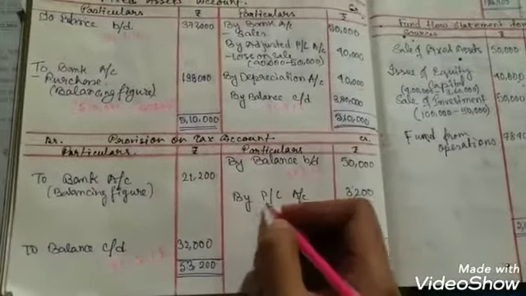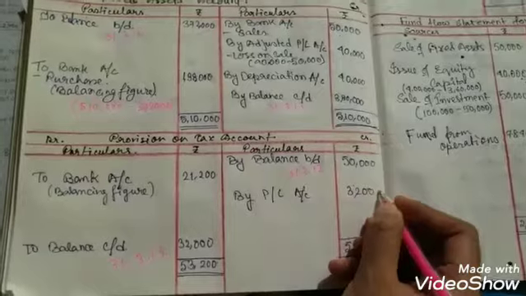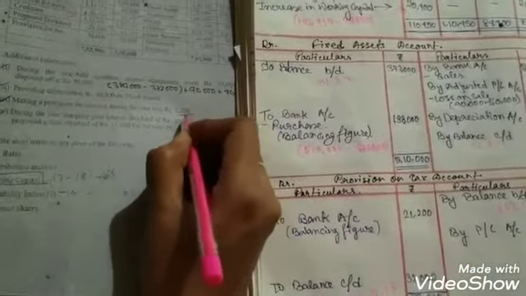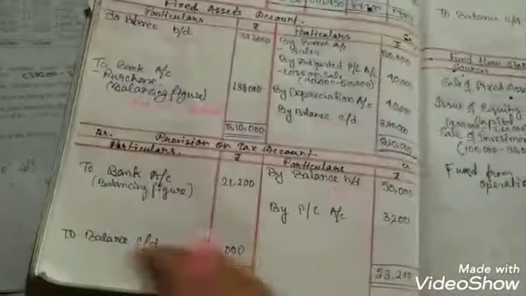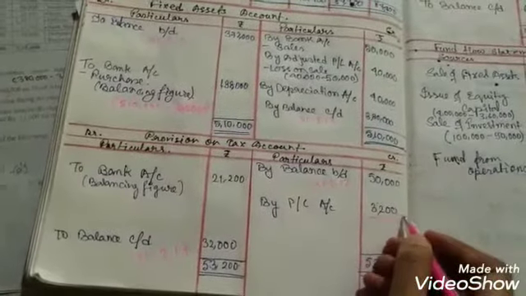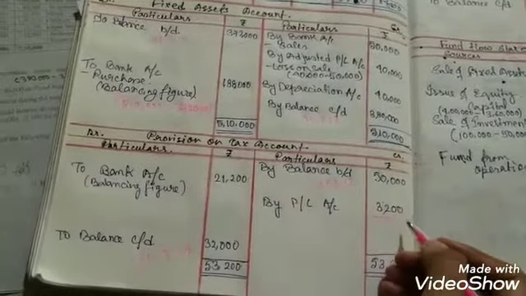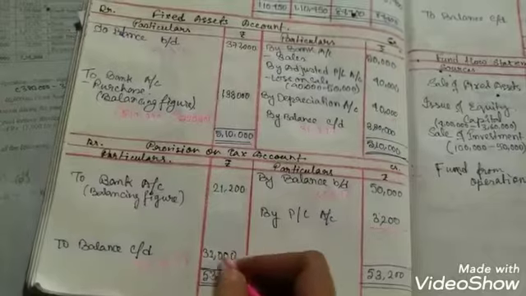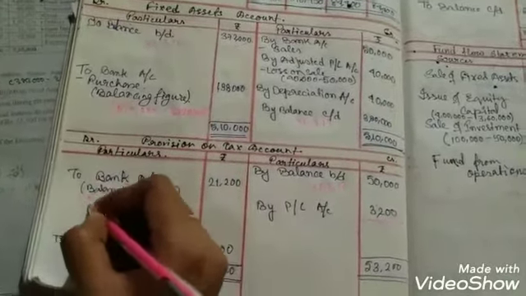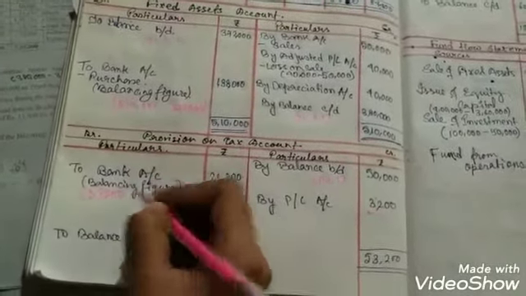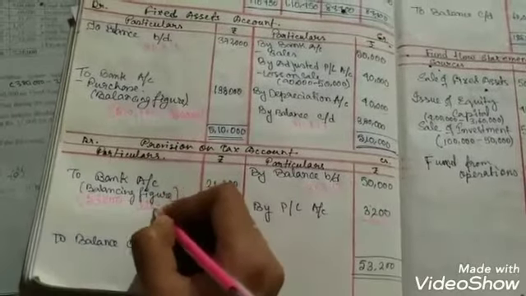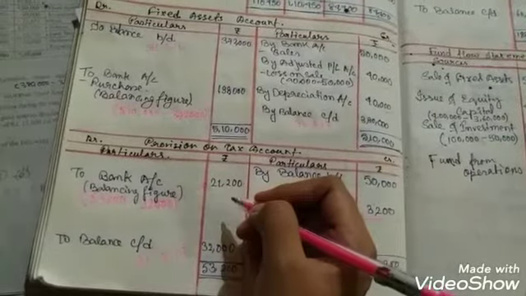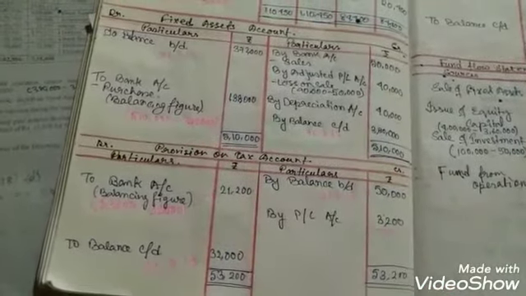Adjusted PL account 3,200, it is given in workings provision. So 50,000 plus 3,200 it is 53,200 minus 32,000. In balancing figure, this is 21,200. This is provision for tax account.